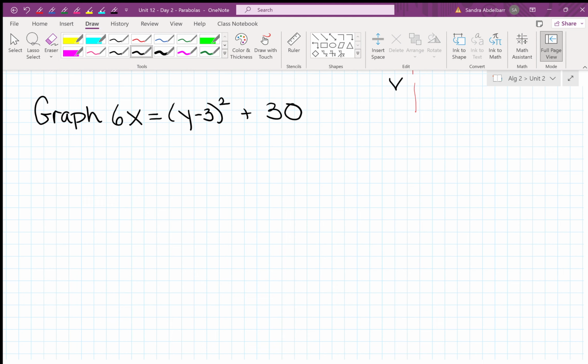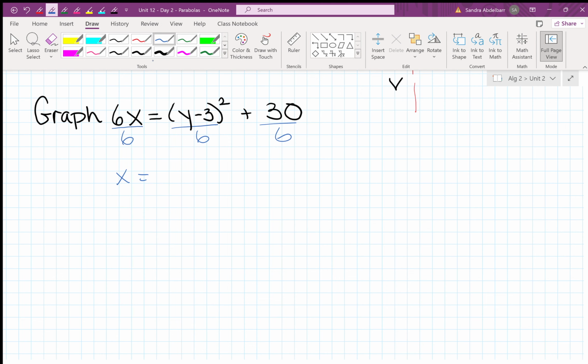Okay, so right now I cannot start graphing this. Why can't I start graphing this? Good, there's a 6 by the x, so what should I do with that 6? Divide it under everything. Now, I don't want to leave it as the quantity of y minus 3 squared over 6, because I want that over 6 to be considered what, Aditya? We want it to be our a.